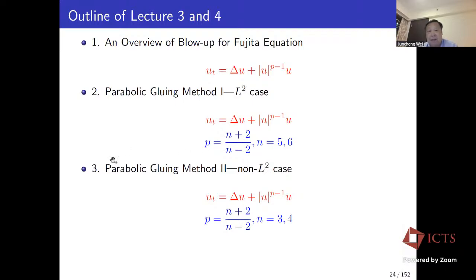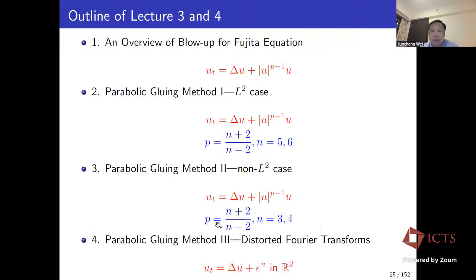In my second lecture tomorrow, I will discuss the non-L2 case, which is dimensions 3 and 4. This is a parabolic Brezis-Nirenberg problem, and I take p equal to (n+2)/(n-2). If I have time, I will discuss the distorted Fourier transform.